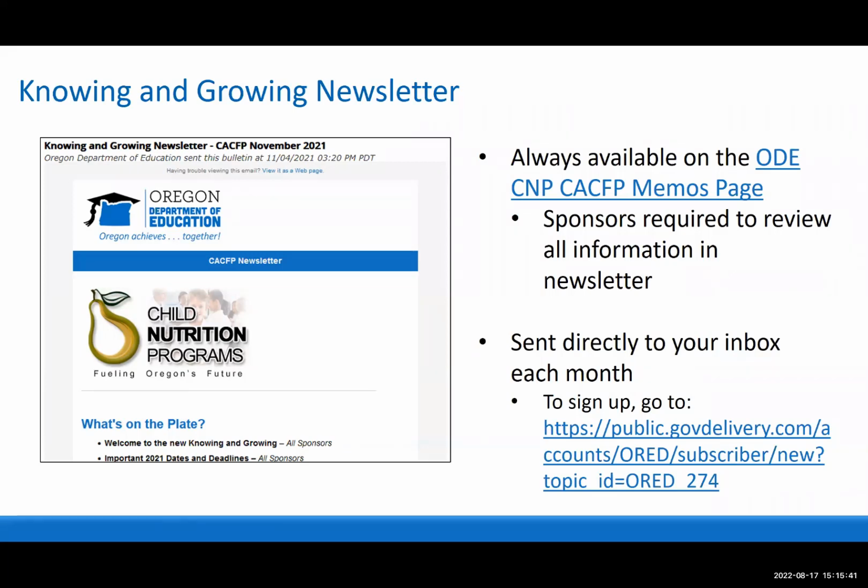This is sent out each month to all responsible principals listed in your C&P Web sponsor information sheet, and information in this newsletter must be reviewed by the responsible principals. Memo updates and program updates are required information for sponsors to know, while additional grant information and resources are helpful to review. If you're not on the list and you want to receive the newsletter, you can sign up using the link on this slide, and this will also be shared in the chat box by Dee Dee.